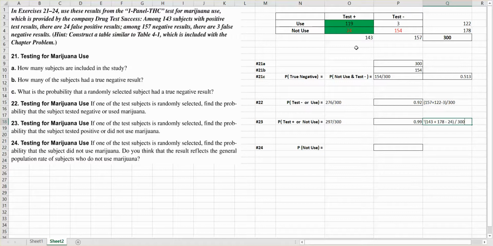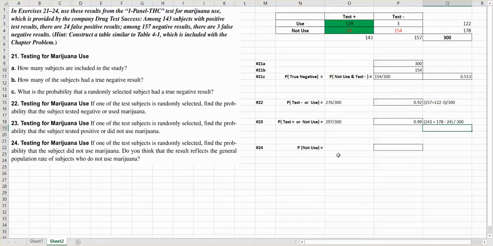And again, that will give us our 99%. And here would be the danger of not subtracting out. The danger of double counting here is 143 plus 178 is going to be greater than 300. And a number greater than 300 divided by 300 is bigger than 1. Can you have a probability bigger than 1?